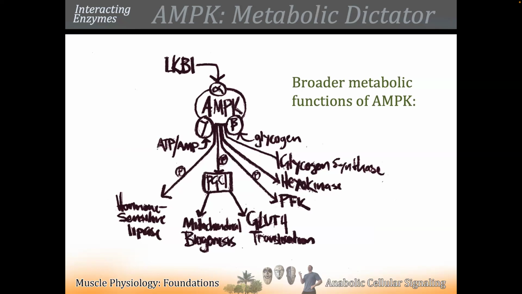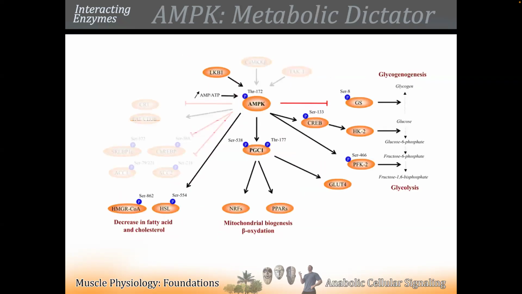Those are both enzymes in glycolysis. So let's immediately break down that sugar that we just brought into the cell. Here's another look at the same stuff. At the top, you see LKB1 activating AMPK.